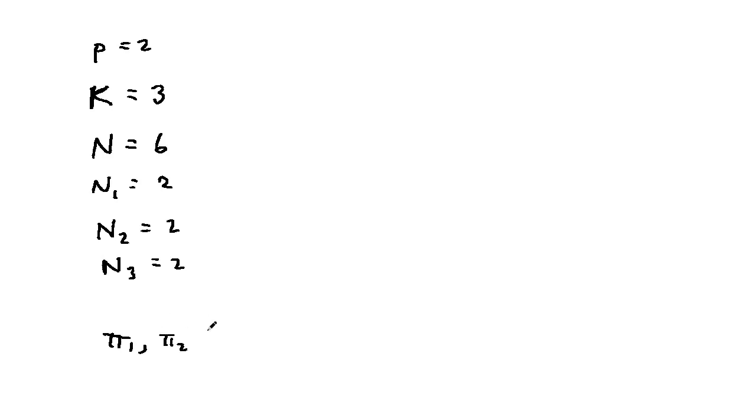Then we will find estimates for mu1, mu2, and mu3, the class-specific mean vectors. We can then calculate the estimate for the covariance matrix sigma.